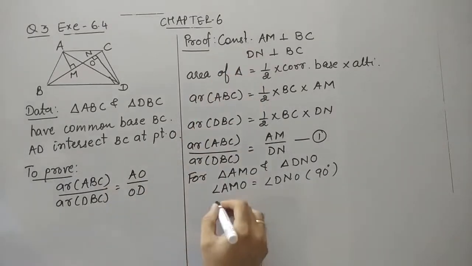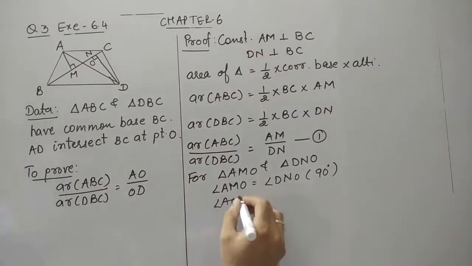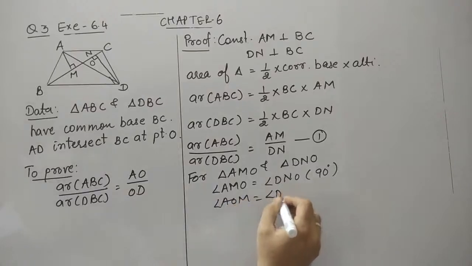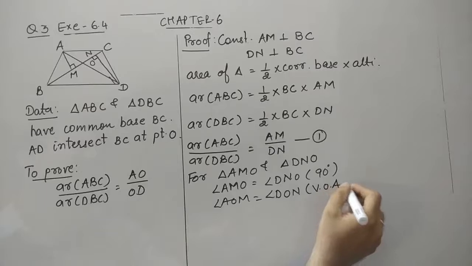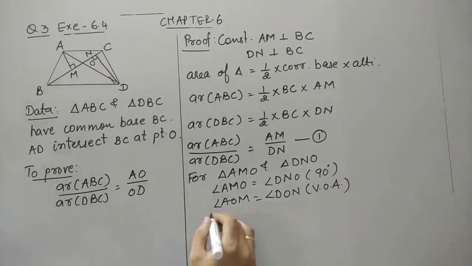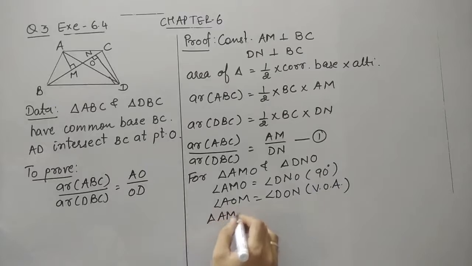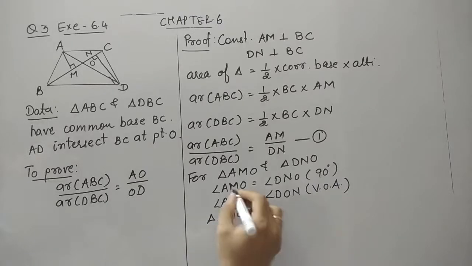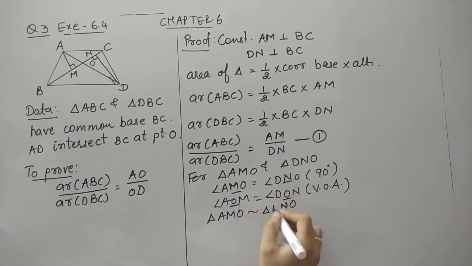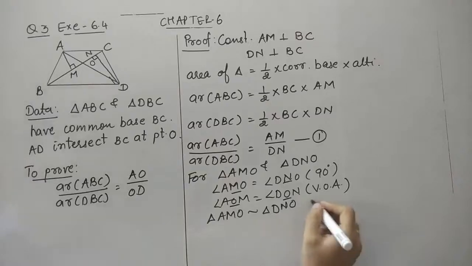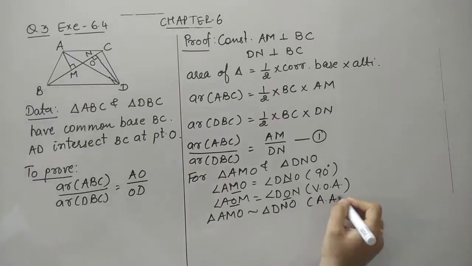One more angle is the same, angle AOM and angle DON, the reason being they are vertically opposite angles. So the angle criteria exists here. So triangle AMO is similar to triangle DNO, where M corresponds with N, O corresponds with O, so automatically A corresponds with D, by the angle criteria.